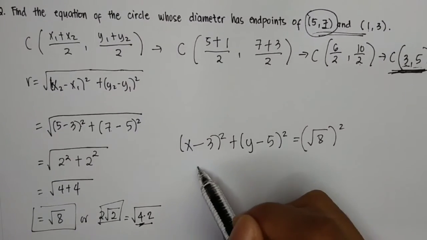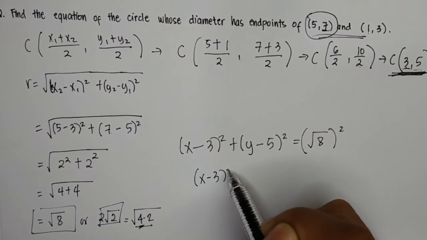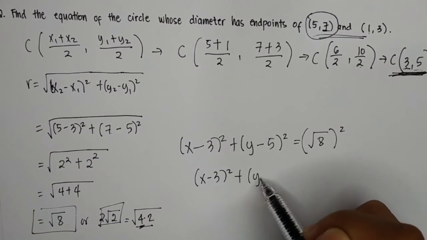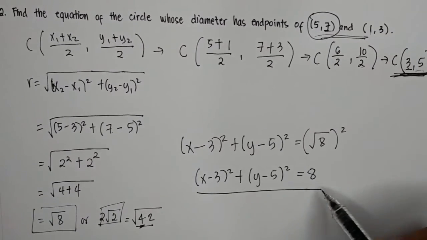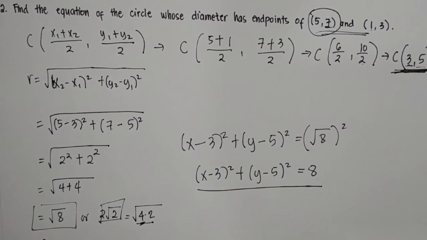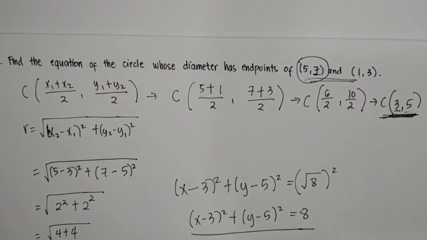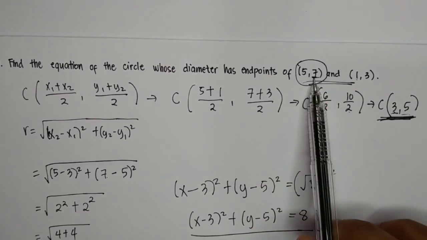So this will be our final answer: x minus 3 quantity squared plus y minus 5 quantity squared is equal to 8. That is the standard form equation of the circle given our two endpoints of the diameter, (5, 7) and (1, 3).